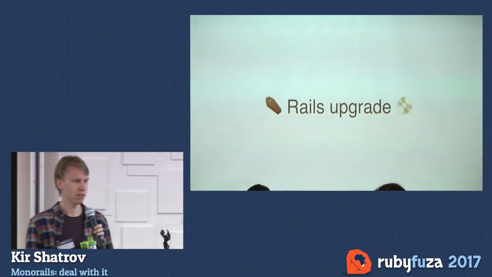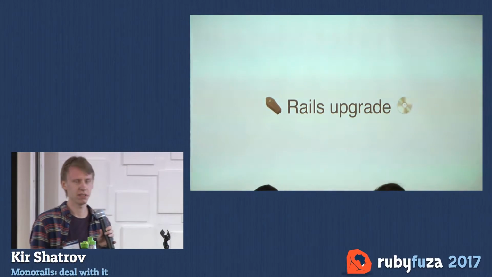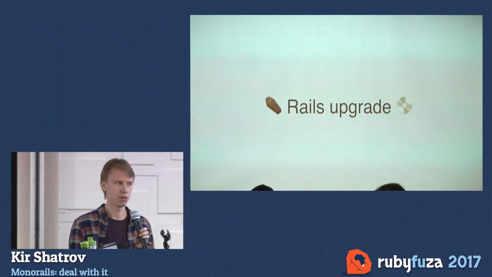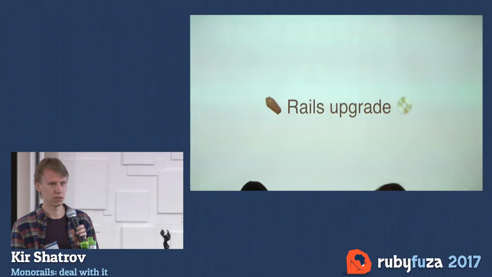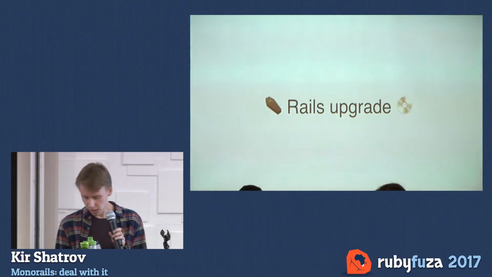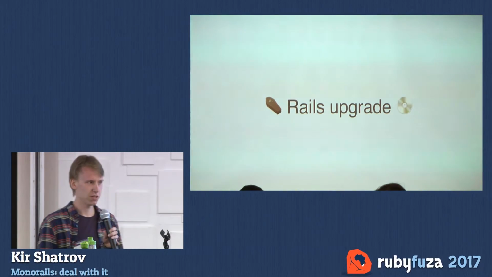Now I have a list of things that you may face when your app is getting bigger and larger, and it should be really useful to know about our experience. For instance, Rails upgrade.